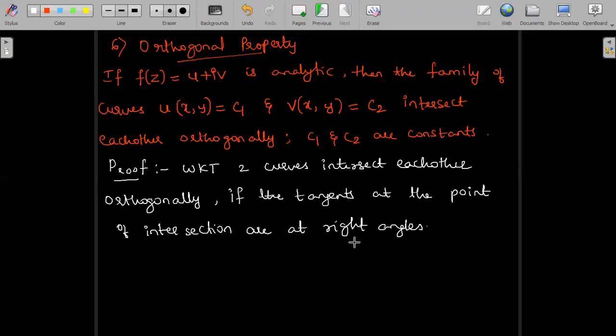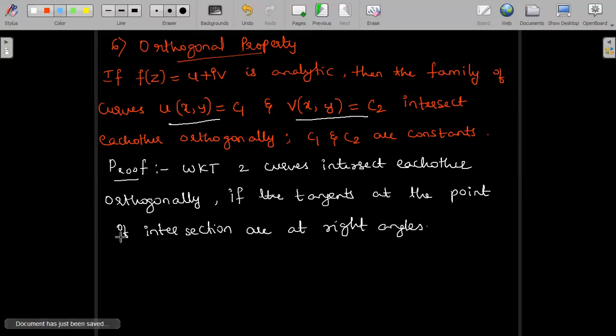That is our requirement. And in order to arrive at that, we use the given data, that is u of x comma y is equal to constant c1 and v of x comma y is equal to constant c2. So we start with that. Consider one of the curves, u of x comma y is equal to c1, and we differentiate with respect to x, treating y as a function of x.